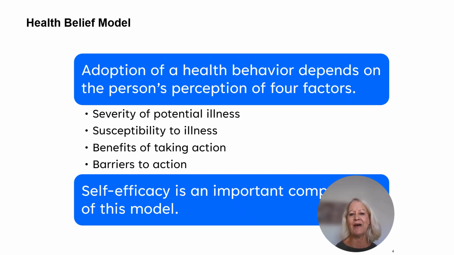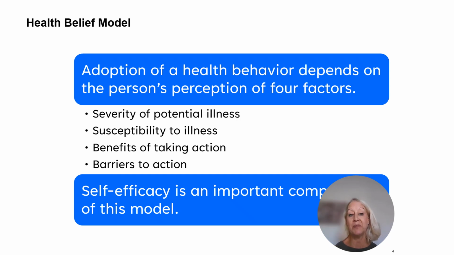For example, if I don't exercise, I could develop high blood pressure. Then perceived susceptibility: how likely am I to get the illness or experience the problem? For example, my family has a history of heart disease, so I am at risk as well.